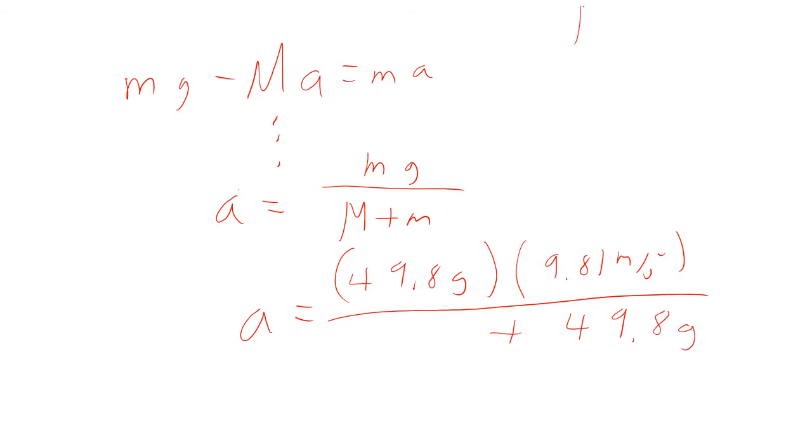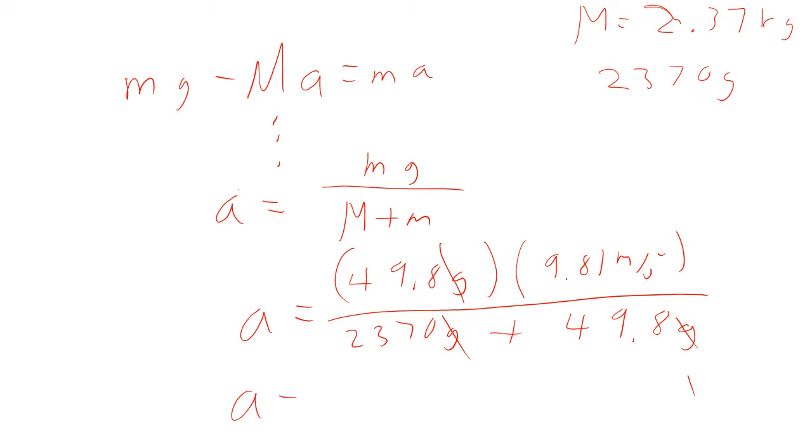So I said that big M was 2.37 kilograms. So I got to convert that. That's 2,370 grams. So grams plus grams is grams. Grams divided by grams is unitless.